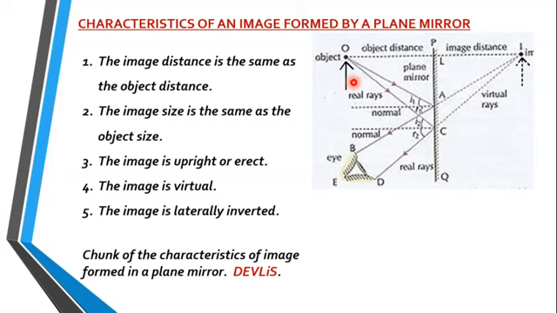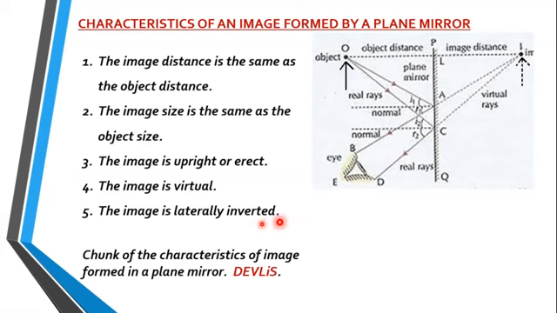You realize that the letters are reversed. Laterally, that's sideways. That's what we mean by the image is laterally inverted. This is in contrast to the image formed in a pinhole camera, where the image is turned upside down.